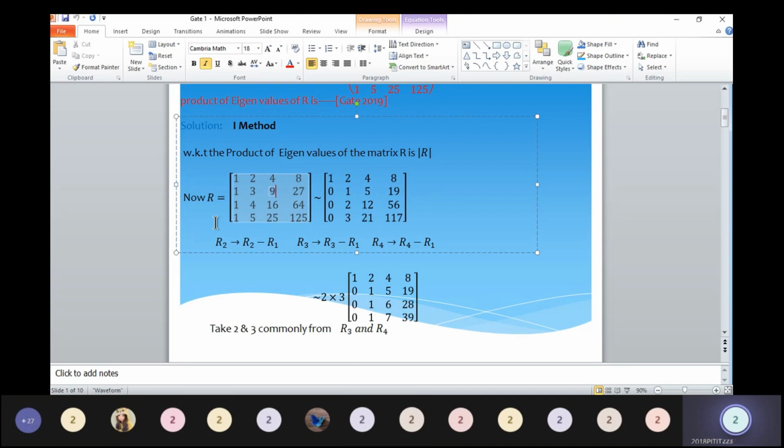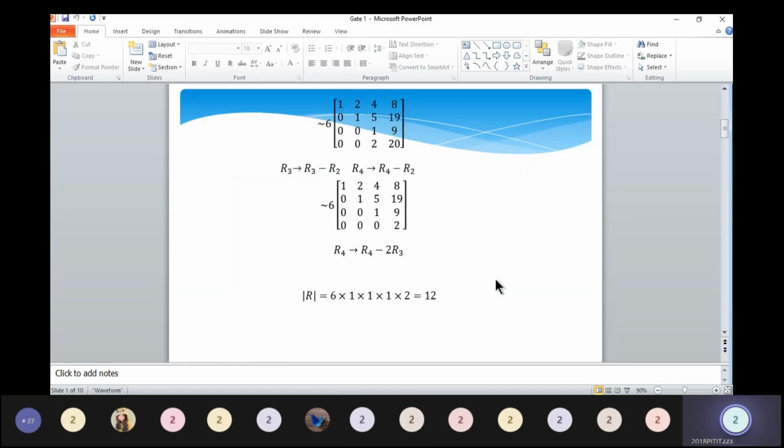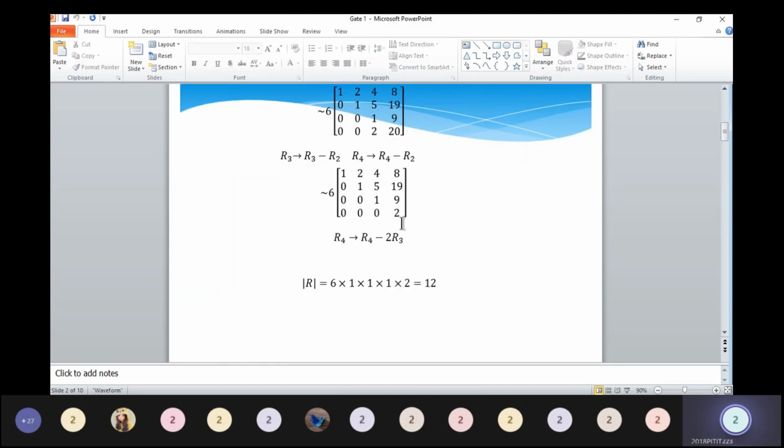This is the main diagonal, or simply diagonal. I reduced it to row echelon form. After that, the product of the main diagonal elements is the determinant of the given matrix.